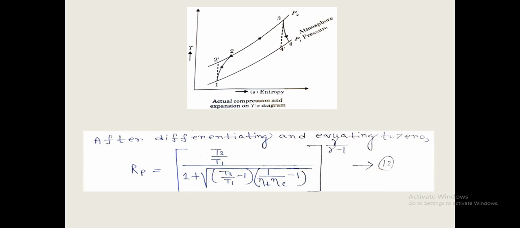So after differentiating and equating to 0, you will get the value of Rp equal to [T3 by T1 by (1 plus root over (T3 by T1 minus 1) into (1 by eta T into eta C) minus 1)] to the power gamma by (gamma minus 1). This is equation number 12.